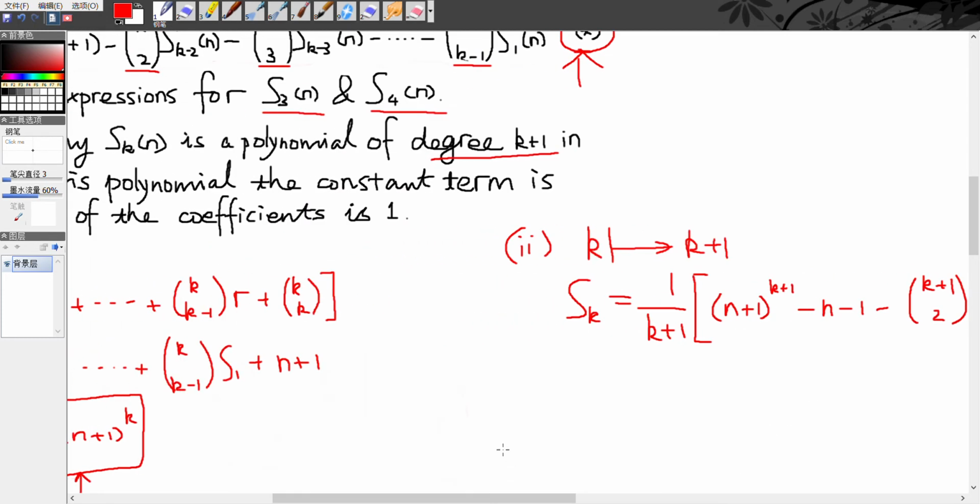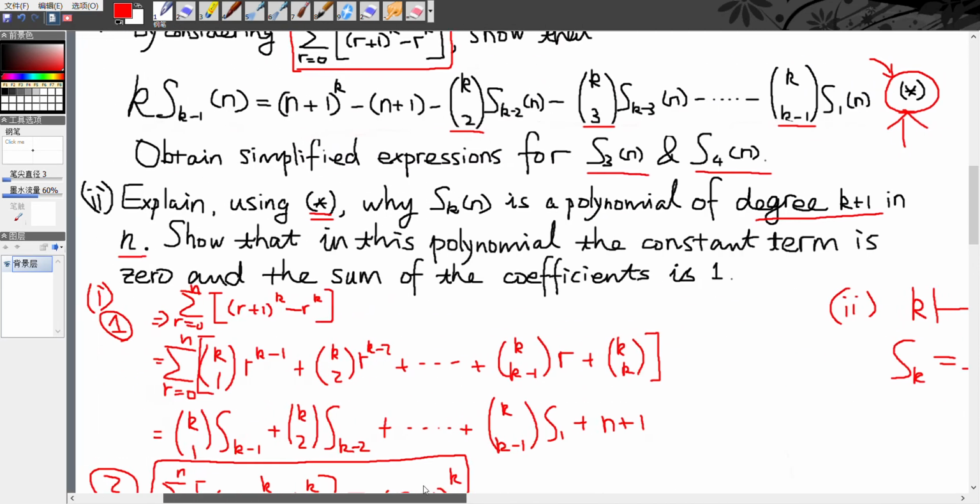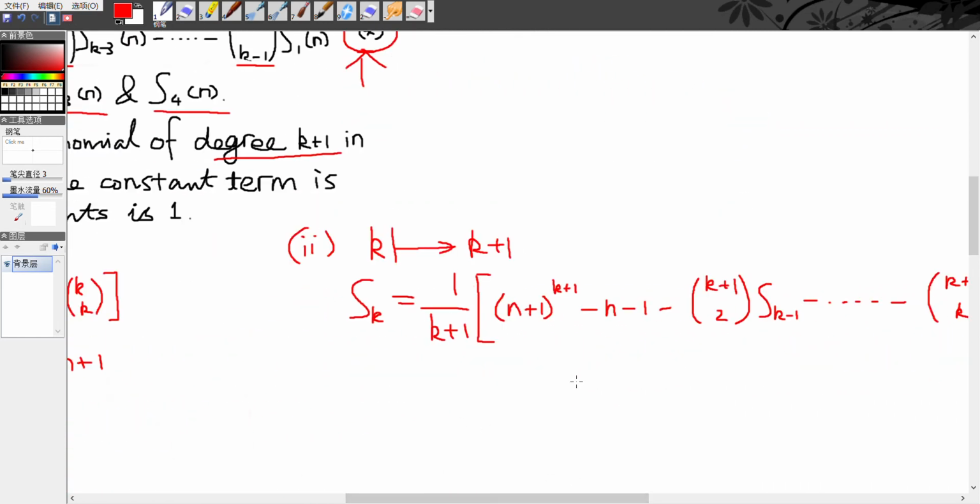This is just the expression for s_k if we send all the k's to k plus 1.